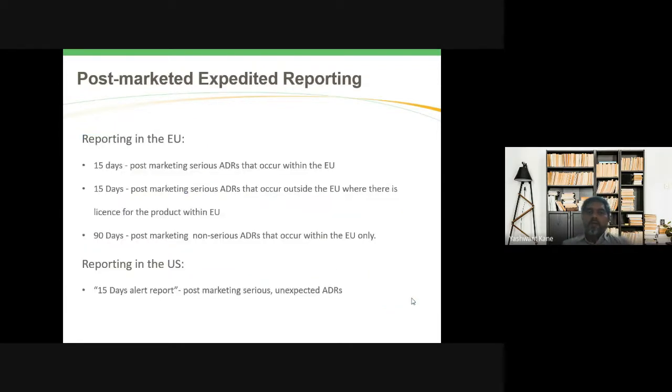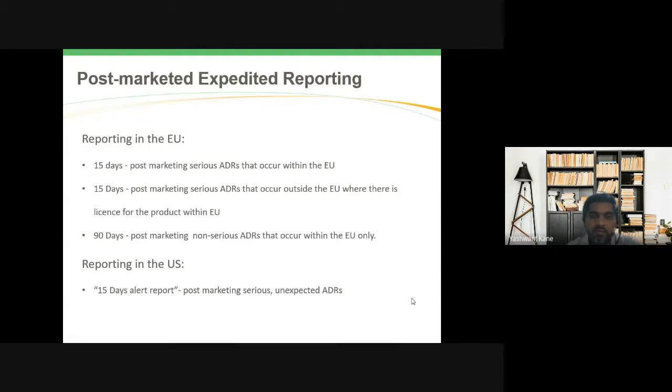Post-market expedited reporting. So these are the reporting timelines in the EU. There could be a bit of change in the reporting of other health authorities. I know that there is a change in the Indian Health Authority timelines. But reporting in the EU in the post-marketing phase of the drug is 15 days, whether it's serious or non-serious.